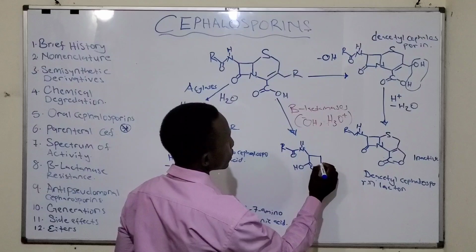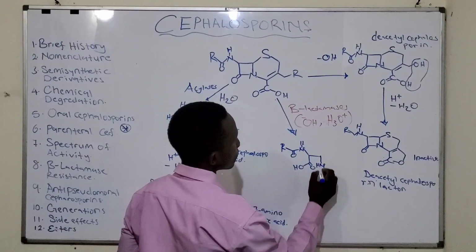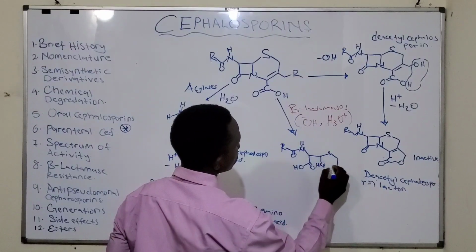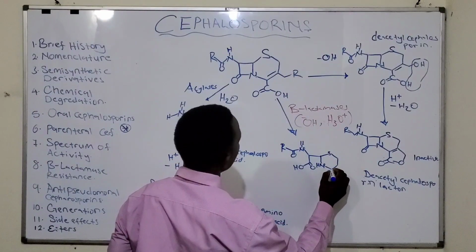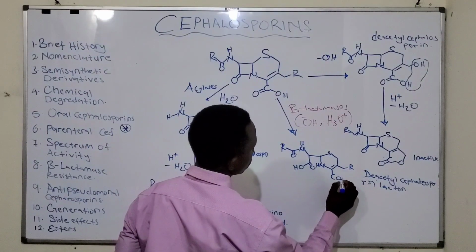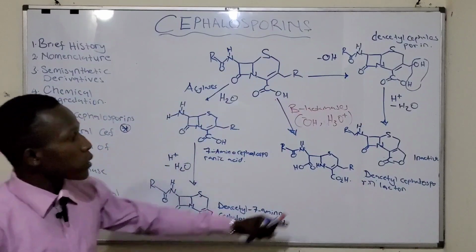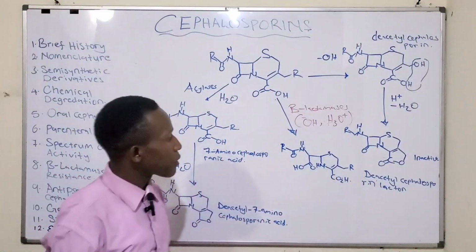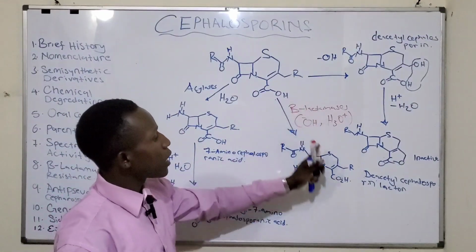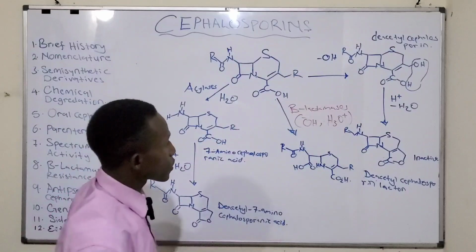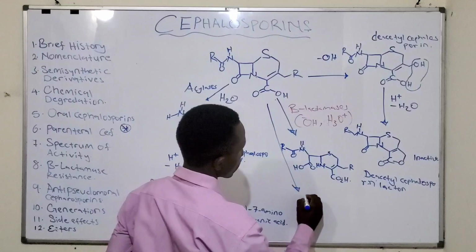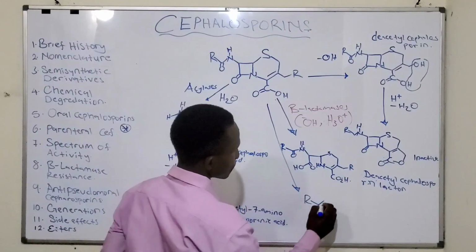This ring will break, so we shall form this. So the R group may remain untouched, but sometimes even the R group can be lost for those with a leaving group, for example, methyl group. So for methyl groups, we shall form this R. We shall form this compound.